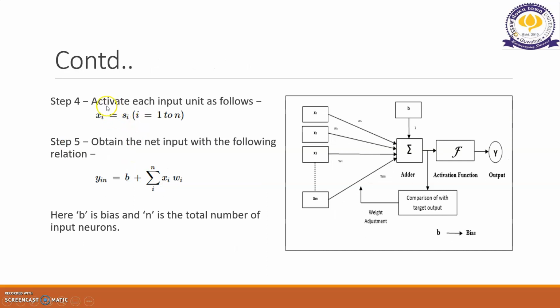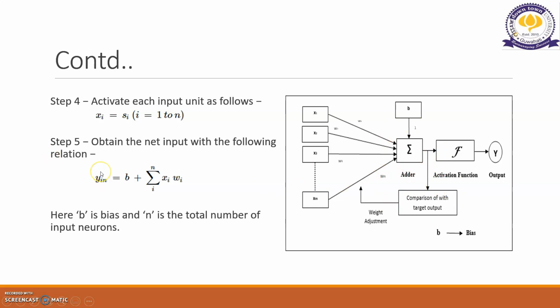Now you activate each input xi as si, which is the score function. Here i goes from 1 to n. That means you can have n number of input values to the Adaline neuron. After that, it calculates the net input to the neuron.